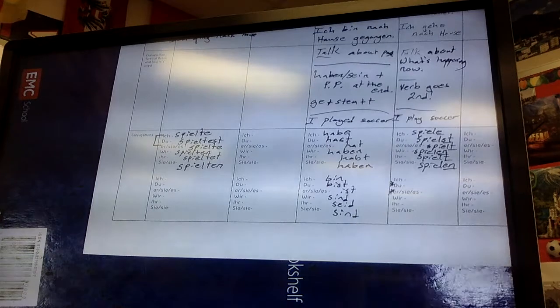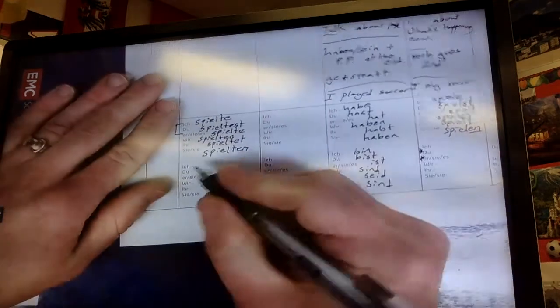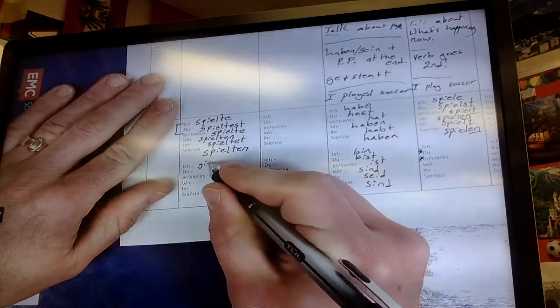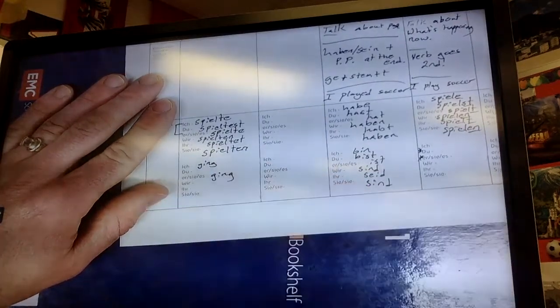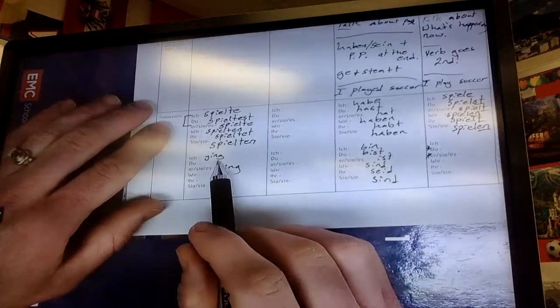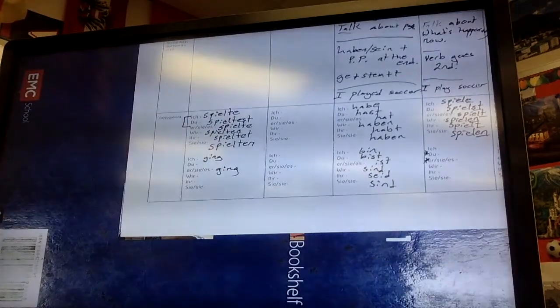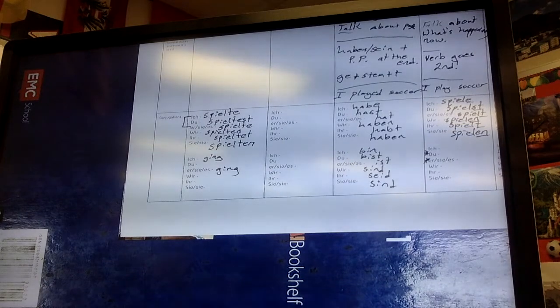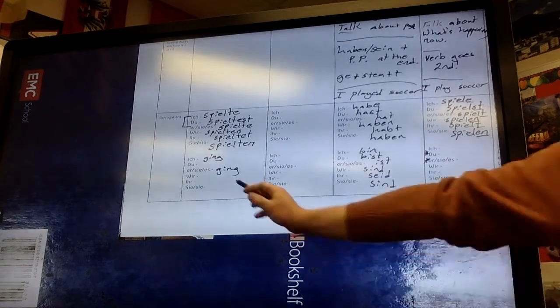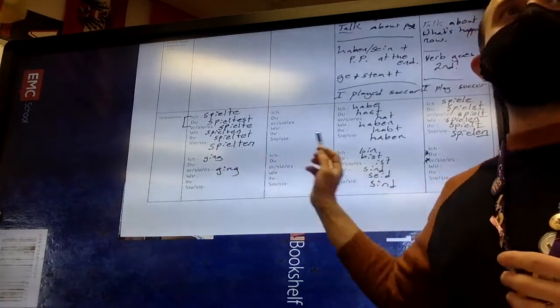Okay. With irregular verbs, let's take ging, for example. The ich and the er/sie/es are both left alone. It's whatever you find on leo.org, the first one. So if you look up gehen, it'll say ging, comma, gegangen.